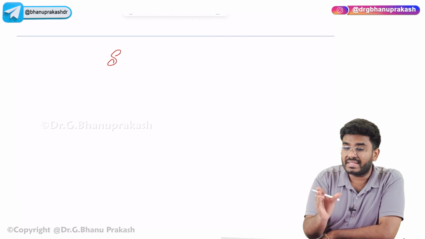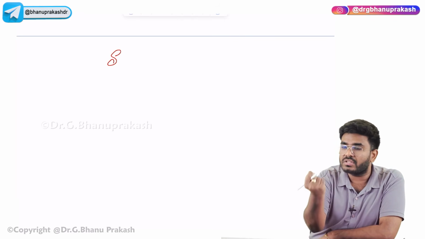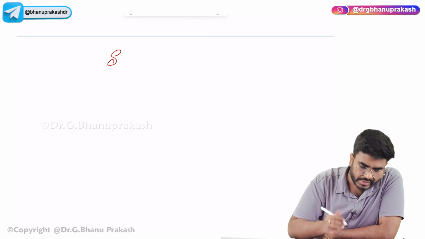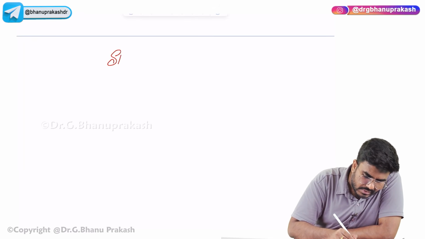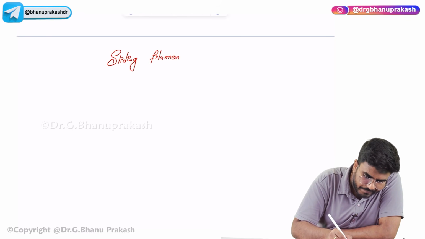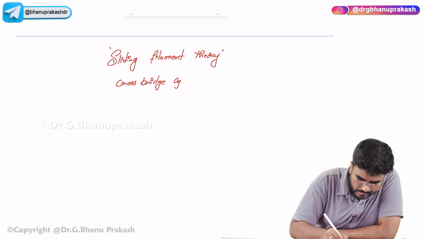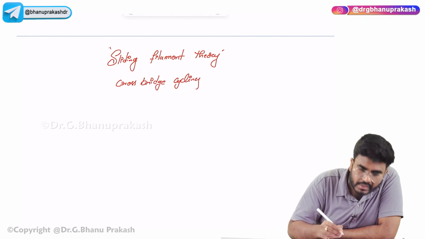Sliding filament theory: how exactly the muscle is getting contracted because of this actin-myosin interaction, how exactly the sarcomere is getting contracted. Now let me explain the sliding filament theory, or cross bridge cycling.